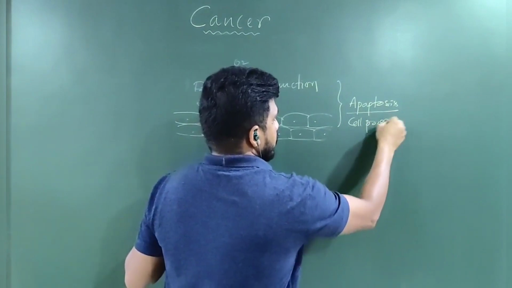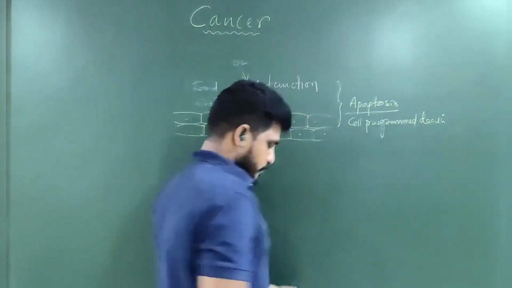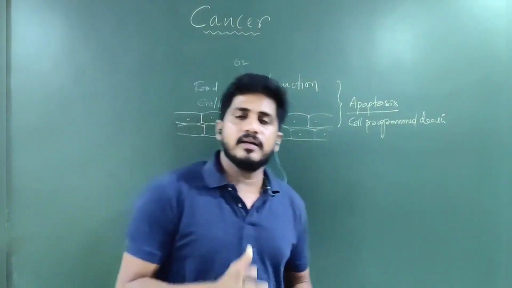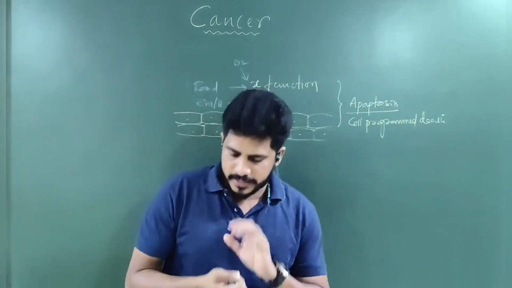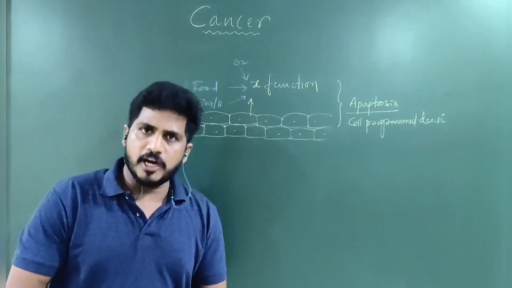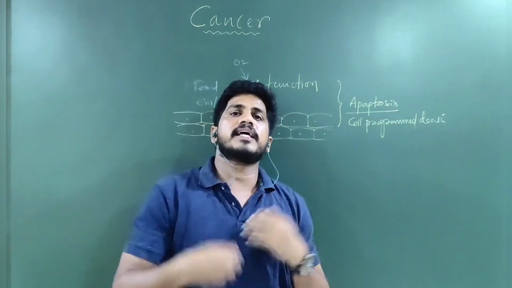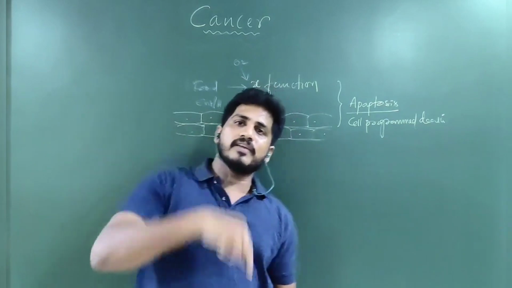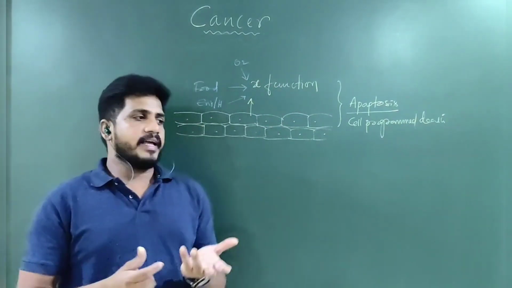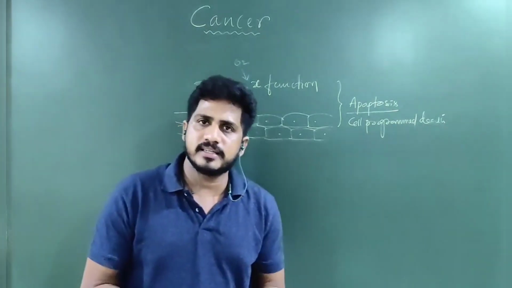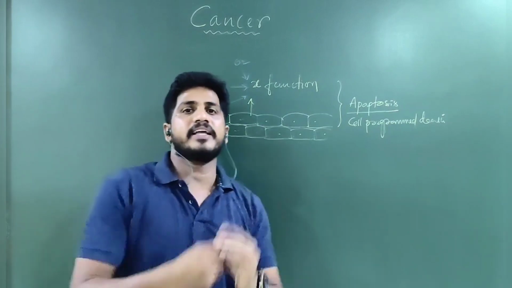Cell programmed death. Suppose you take an RBC: one RBC lifespan is 100 to 120 days. In 100 to 120 days, it has to work to transport carbon dioxide and oxygen and also maintain a lot of functions. After 120 days, it has to die so that another one will come in that place. That is naturally programmed. Some cells like WBC live 10 to 13 days. So every cell has its own program to work and die.